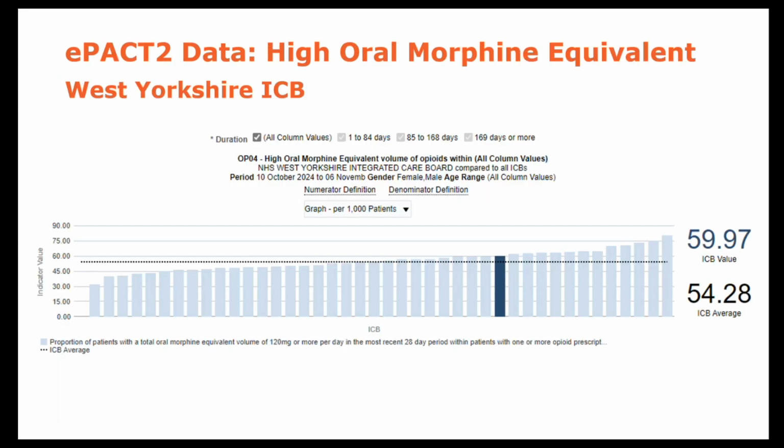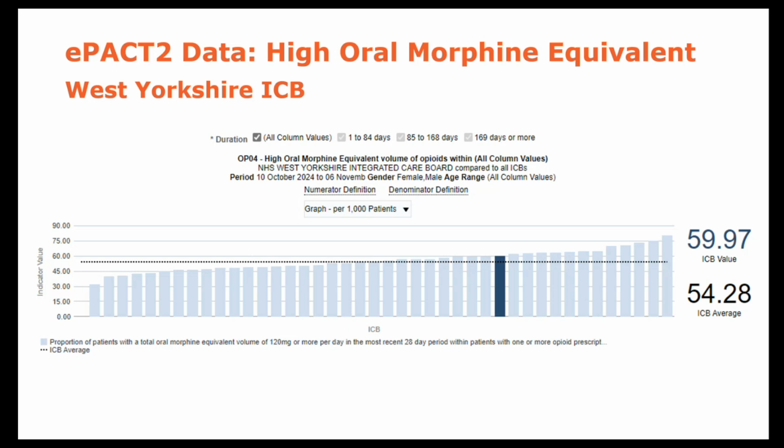We would just like to briefly have a look at the data. This is taken from EPACT2, and we're looking here at the West Yorkshire ICB footprint as an example against the national level data. The graph that you can see here is the high oral morphine equivalent data. That's patients with a daily oral morphine equivalent of 120 milligrams or more.